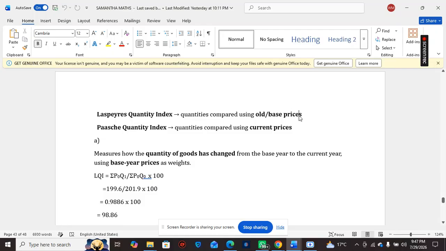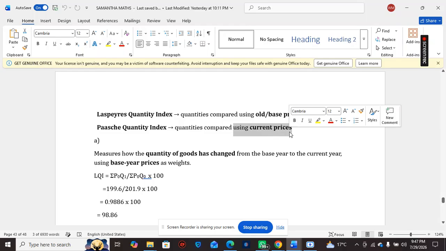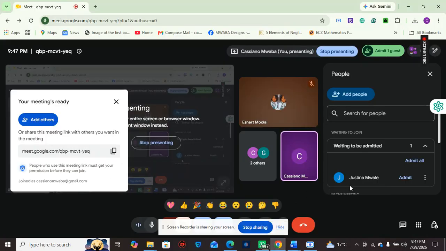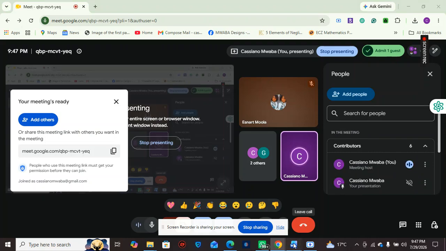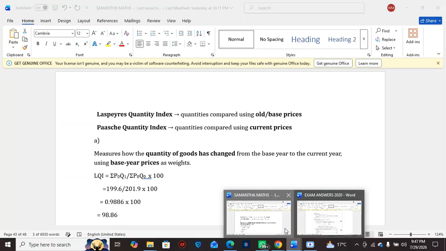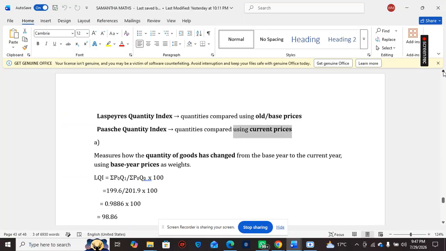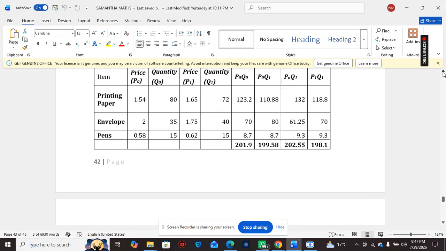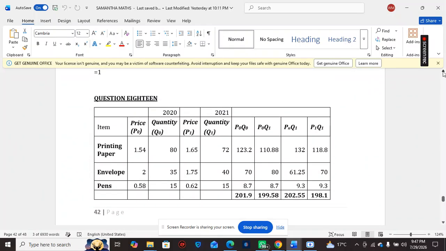We're using 2021 prices for 2021 and 2022. Then when we use current prices, for 2021 we're using 2021's prices, for 2022 we're using 2022's prices. So colleagues, this is how you do this question, so that you never get confused with it.